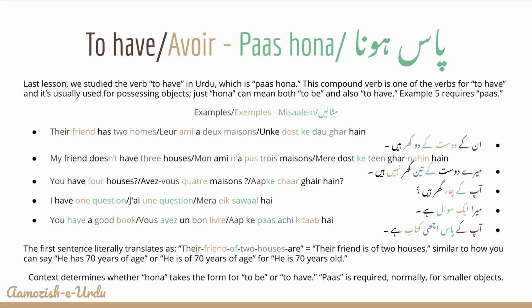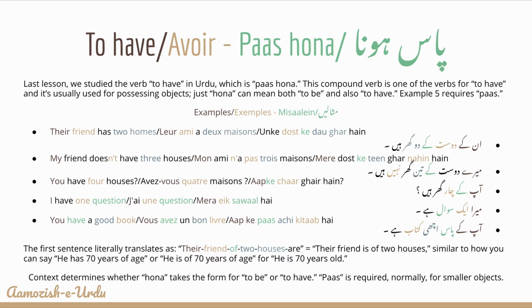So, as you note, the 5th example required pass because it's for a smaller object, like a book, kitab. The first sentence literally translates as, their friend of 2 houses are, or their friend is of 2 houses, similar to how you can say, he has 70 years of age, or he is of 70 years of age, for he is 70 years old.